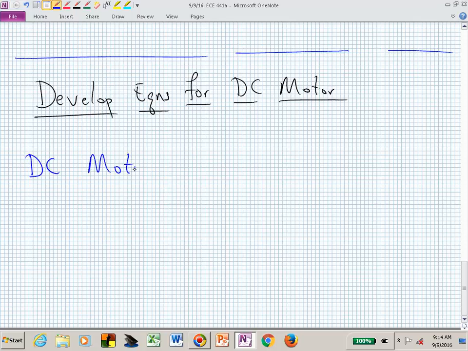Here's the DC motor, and there's actually many different ways of configuring a DC motor, but we are looking at number 6 in table 2.4 in the 13th edition.